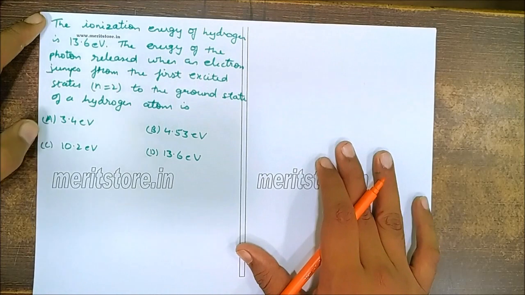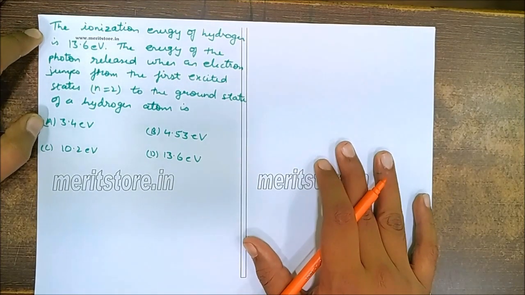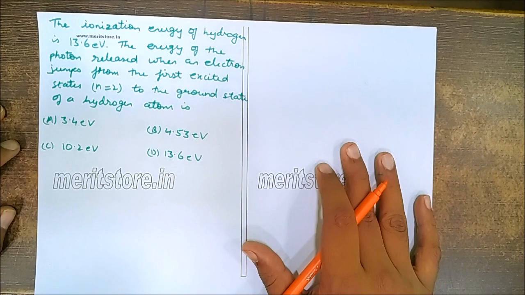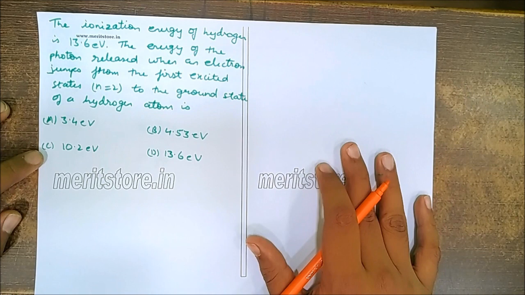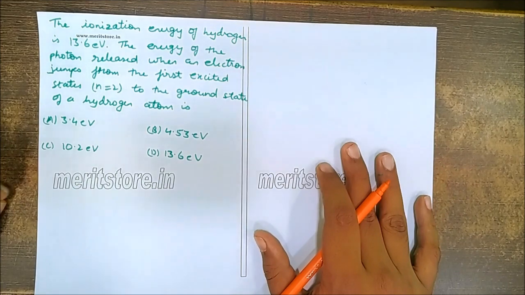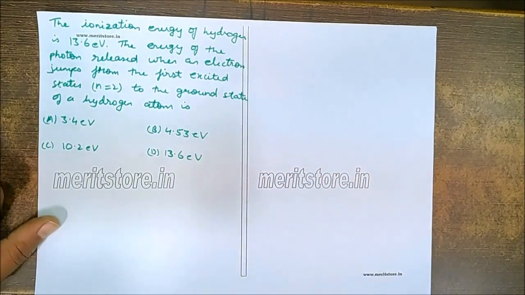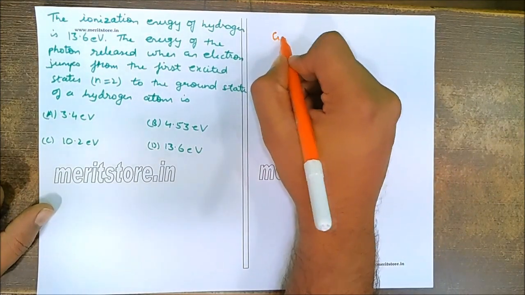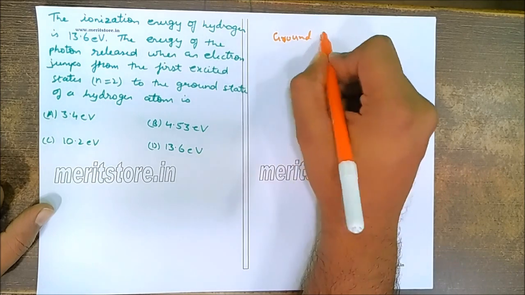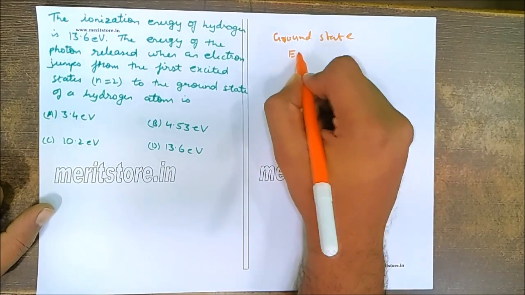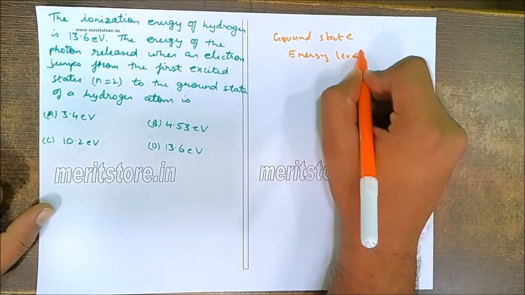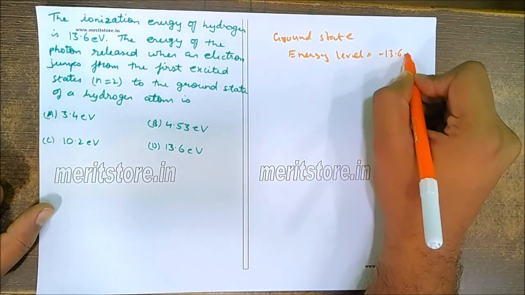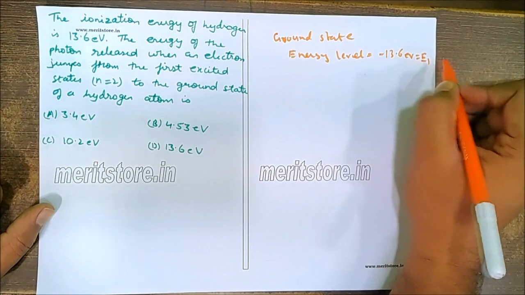The next question: the ionization energy of hydrogen is 13.6 electron volts. The energy of the photon released when an electron jumps from the first excited state n equals 2 to the ground state of the hydrogen atom. Now the energy will be released, so the ground state energy level is minus 13.6 electron volts, that is E1.